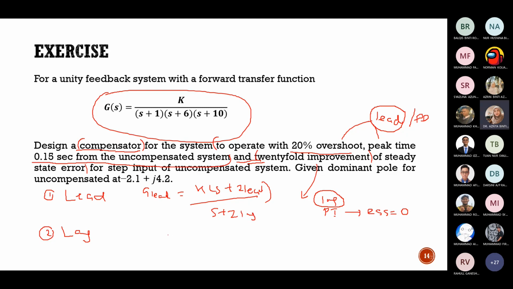Basically we choose the Z lead at the same coordinate as one of the poles from the system. The reason is because we want to reduce the time to evaluate or to calculate.